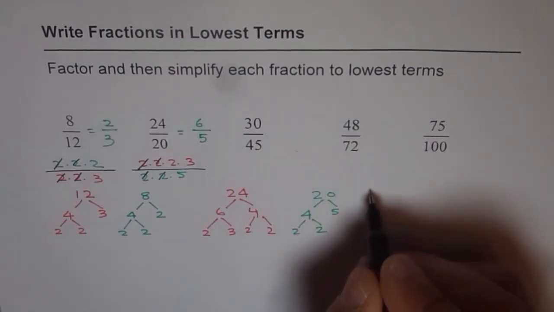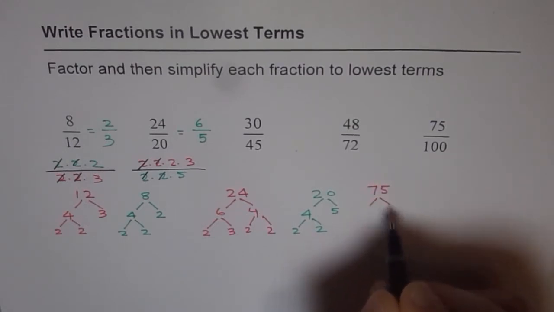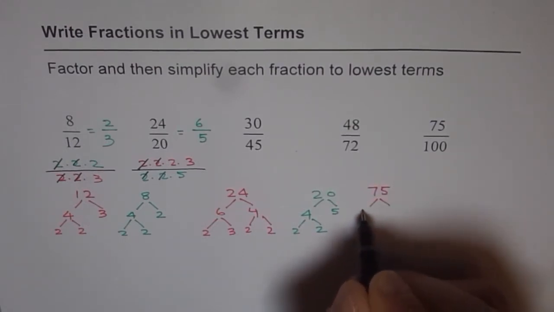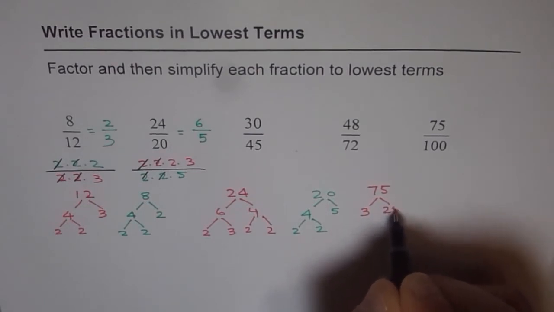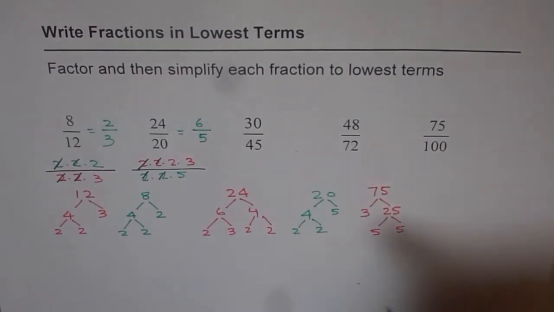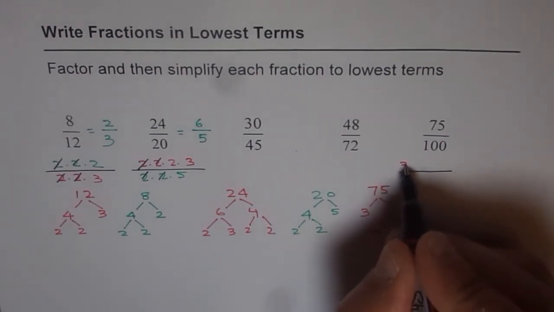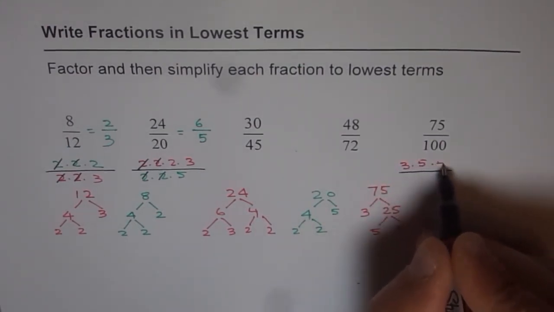So first thing, let's find factors of 75. 75 is 3 times 25. And 25 can be written as 5 times 5. So we can write 75 as the product of 3 times 5 times 5.